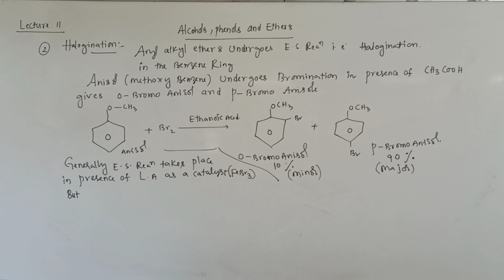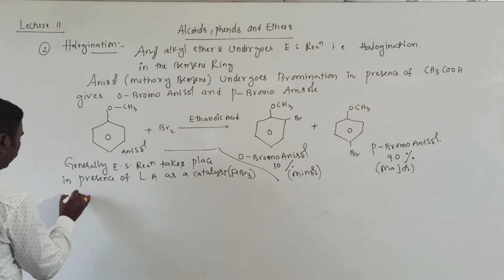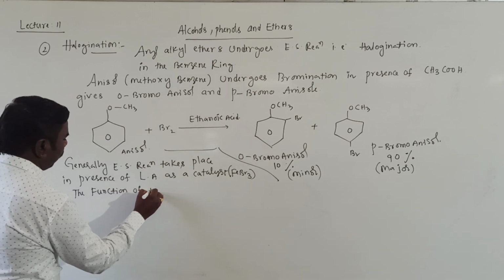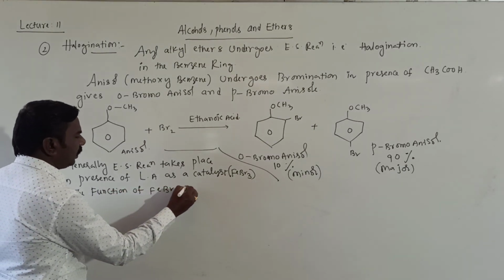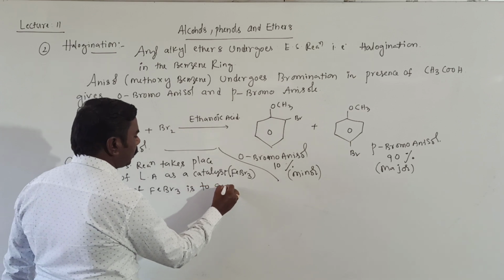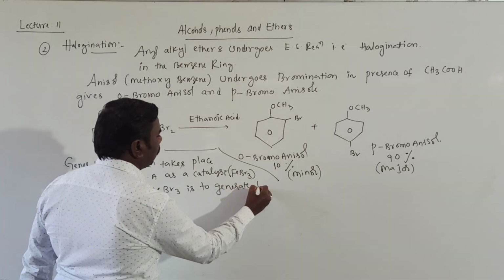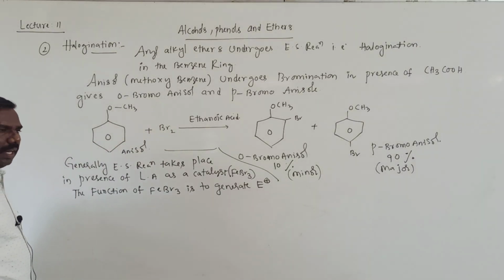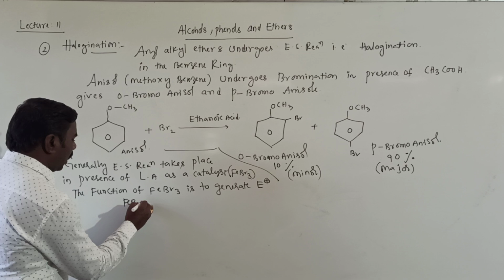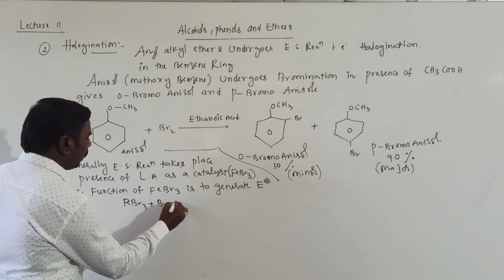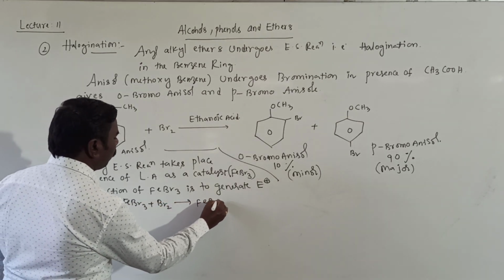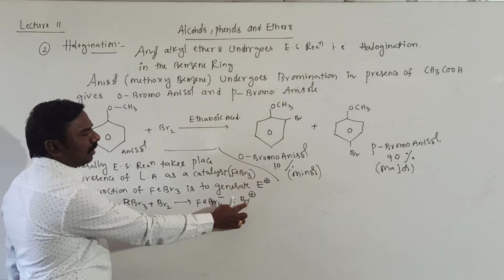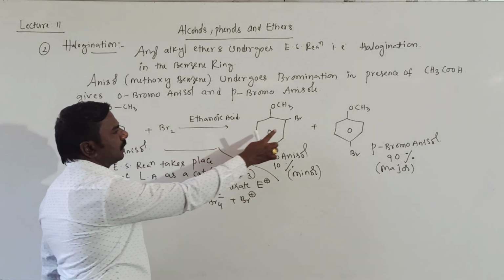The function of the FeBr3 Lewis acid is to generate the electrophile. FeBr3 plus Br2 gives rise to FeBr4 minus plus Br plus. This is the electrophile which will be added at the ortho and para positions.